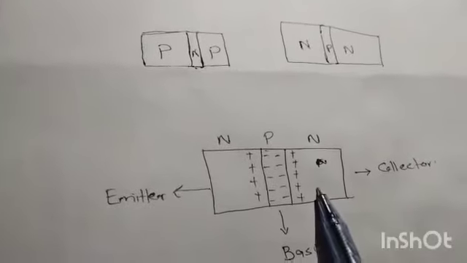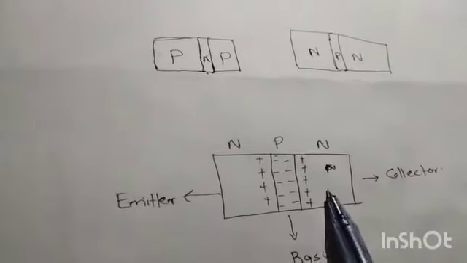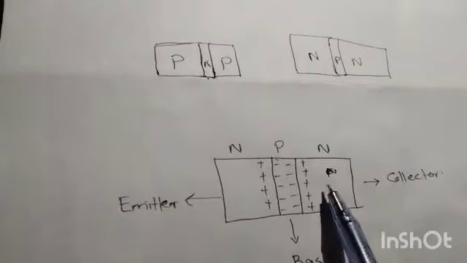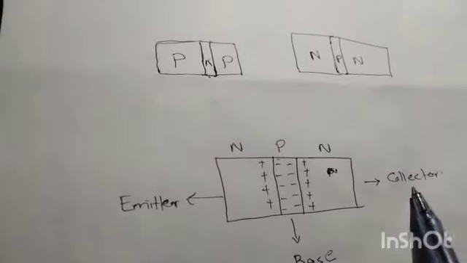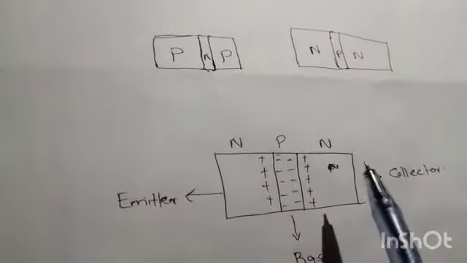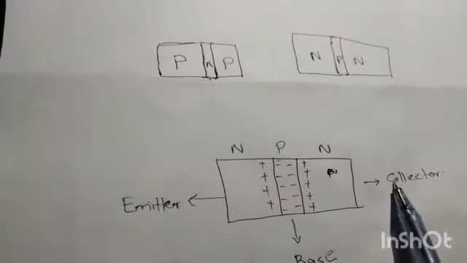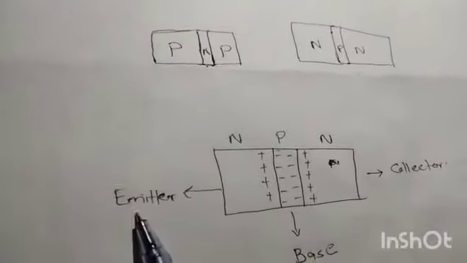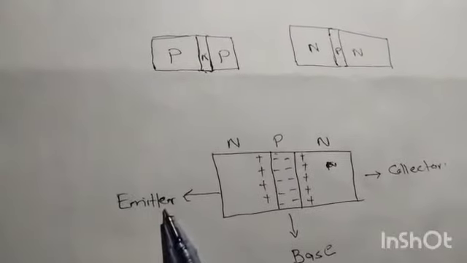The collector size is very large, but its doping concentration, or impurity atoms in the collector region, is smaller as compared to the emitter. Meaning the collector is larger in size and the emitter is a heavily doped region.